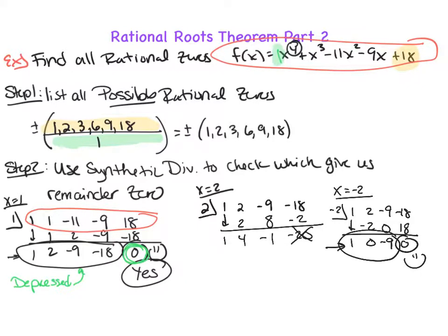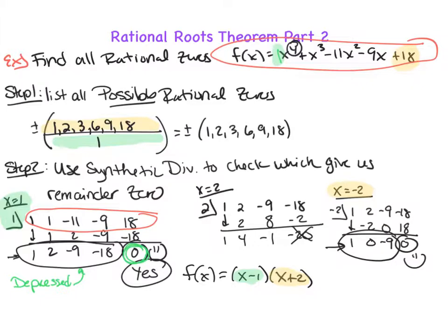So here's what that tells us. F of x factors to x minus 1 from here. And it factors to x plus 2 from here.